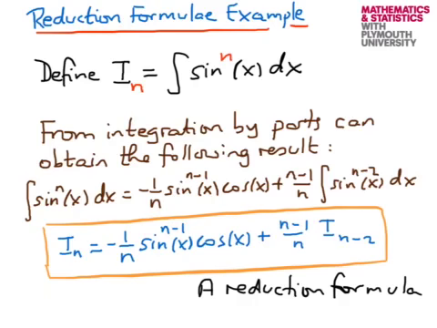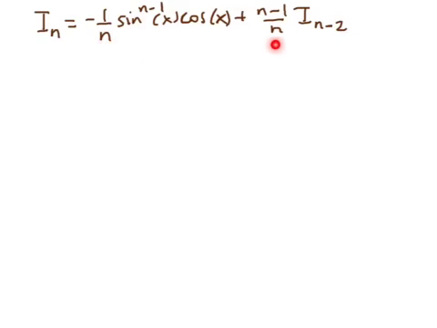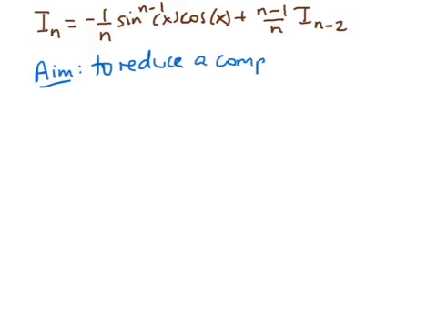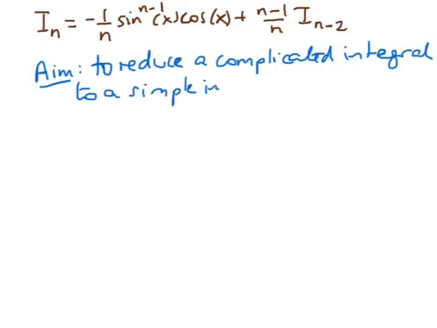So this is our reduction formula, and the aim whenever we use it is always to reduce a complicated integral, something difficult, to a simple integral, and by a simple integral I mean something which we can calculate.